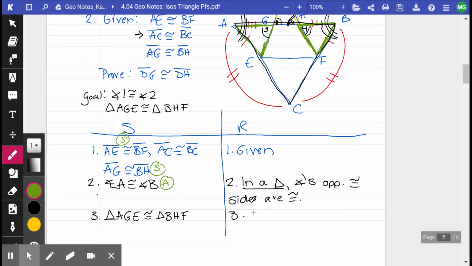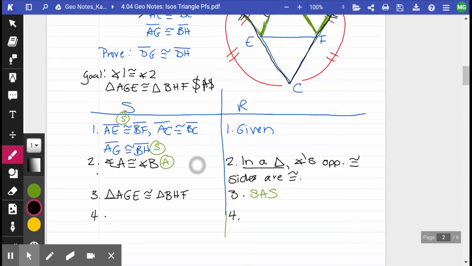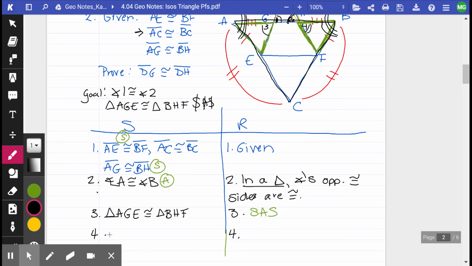That angle is included between those two sides, so it would be side, angle, side. I have all three pieces there listed as congruent statements. Okay, so now I want to work to get those angles. So I can say angle 3 is congruent to angle 4 by CPCTC.